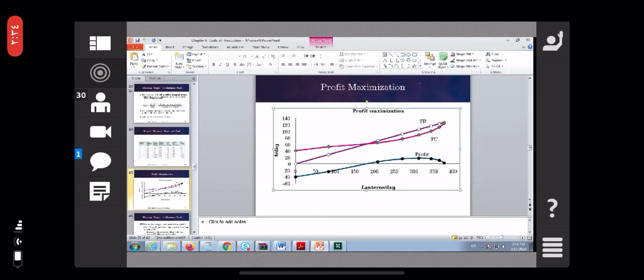So the profit maximization point happens in here, where total revenue and total cost have the largest difference, when the total profit curve slope is equal to 0.